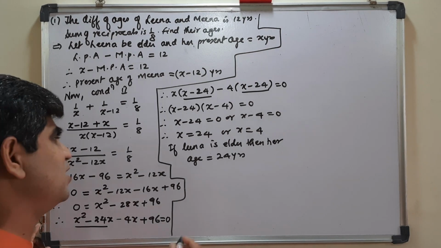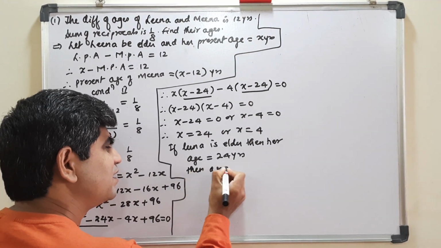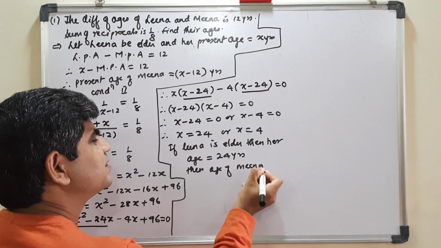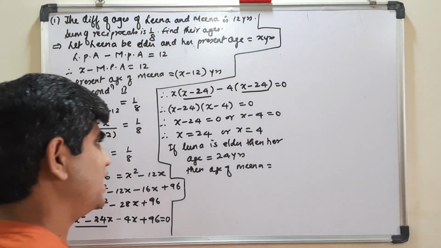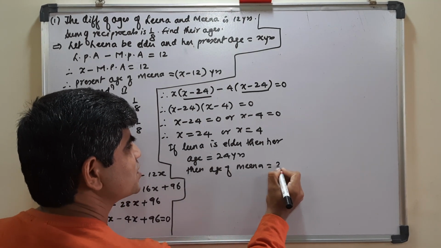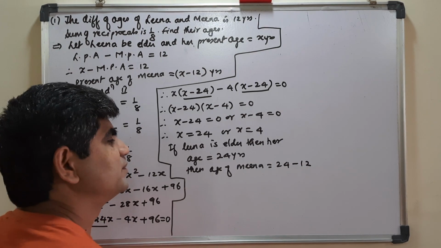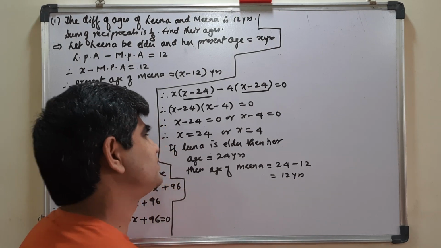The age of Meena is x minus 12, that is 24 minus 12, which is equal to 12 years.